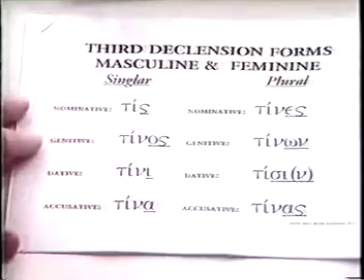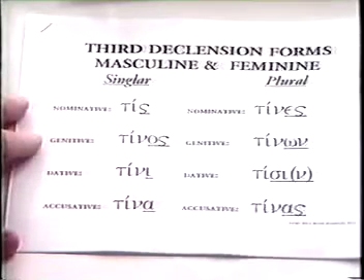If you'll look at this form that I've done in a little larger type, it will help us to see the various endings and how this word works. The first thing you want to do, especially in the third declension, is to look at the genitive form. Why? Because you will be able to find the stem of the word if you go to the genitive.